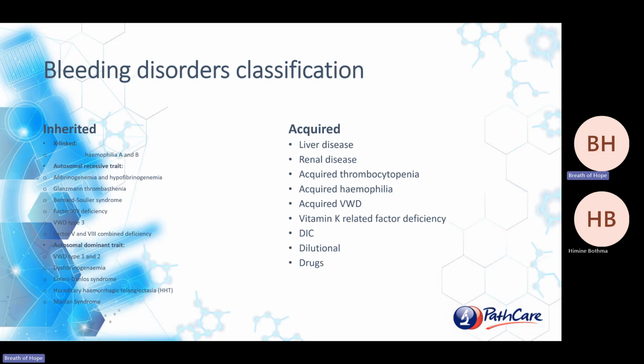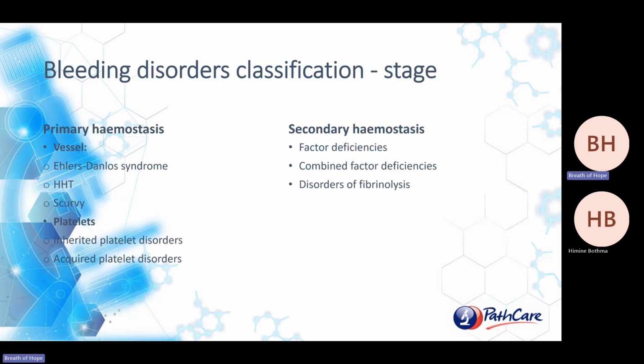Vitamin K related factor deficiencies, DIC is quite commonly encountered. That is a more consumption of coagulation factors, and then dilutional after massive transfusions, and then drugs like anticoagulants, antiplatelet drugs. These can also cause bleeding.